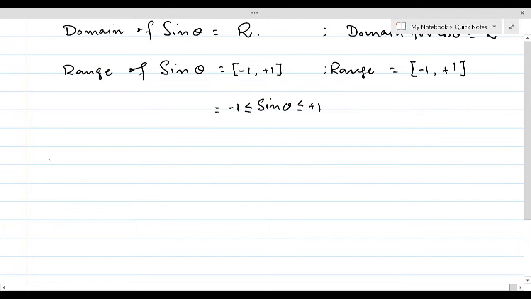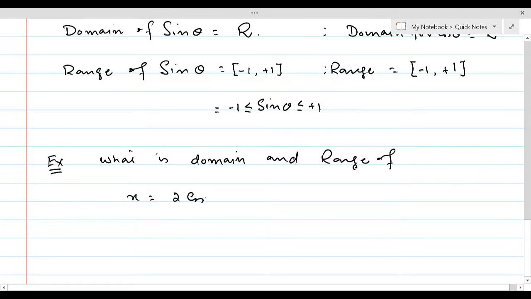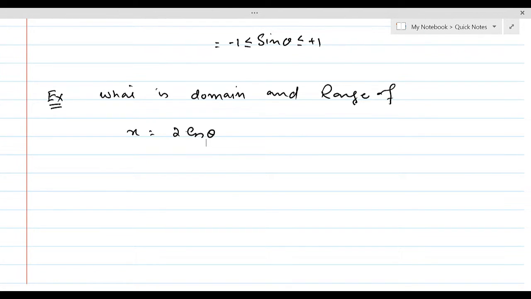And if we ask, for example, what is the domain and range of x equal to 2 cos theta, then here, because 2 is the number that will be multiplied with every possible value of cos theta, the domain will still be the same.